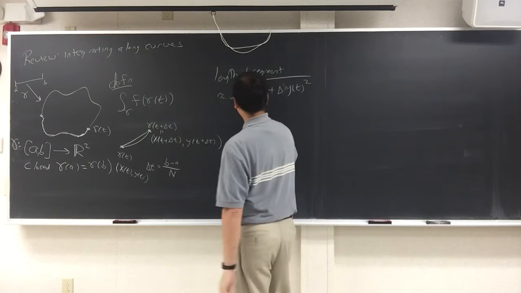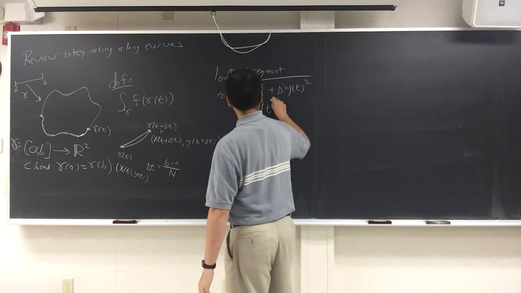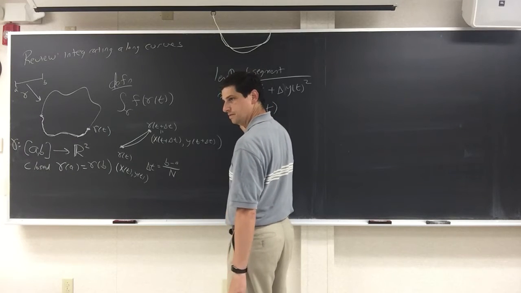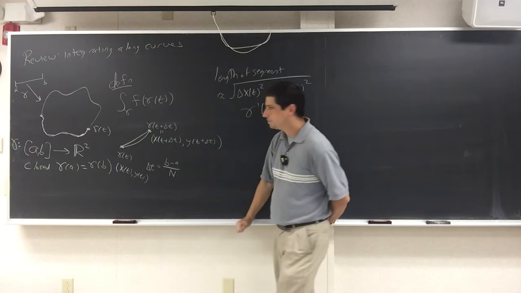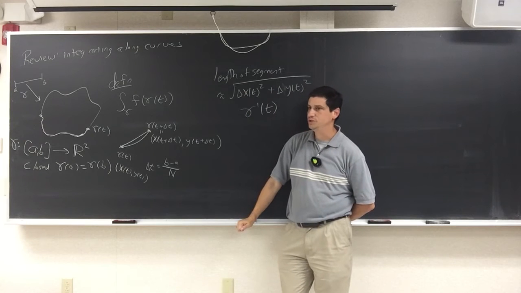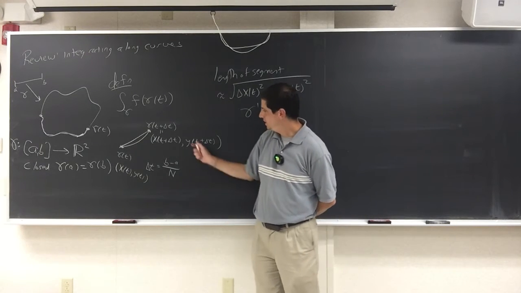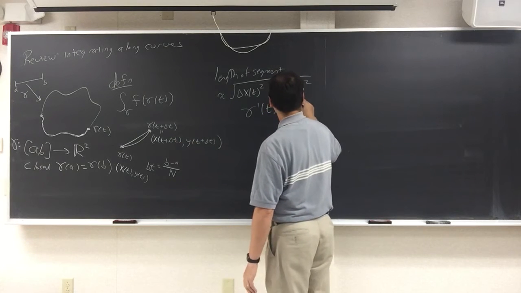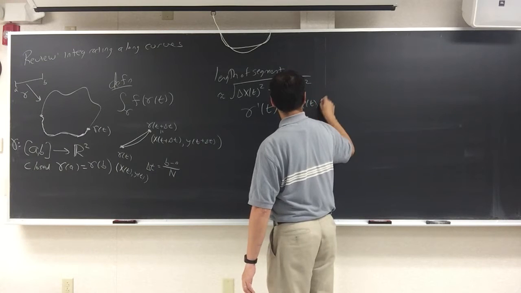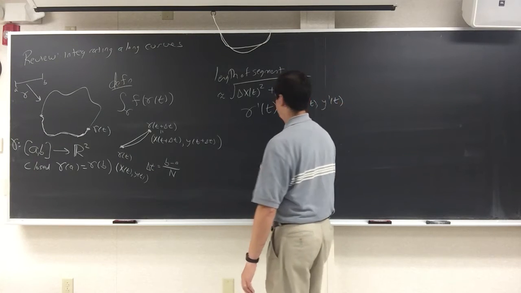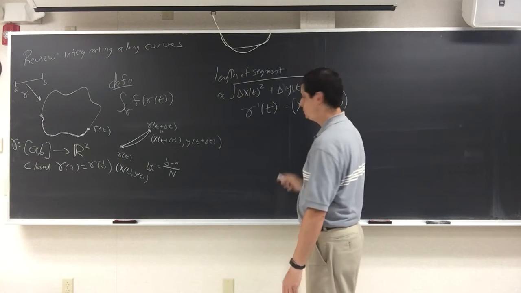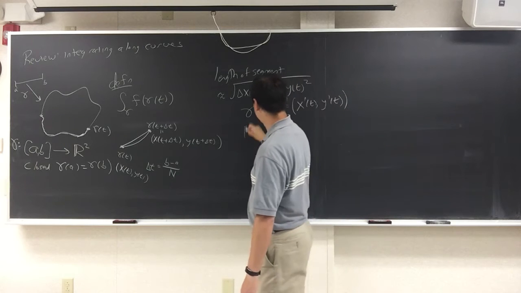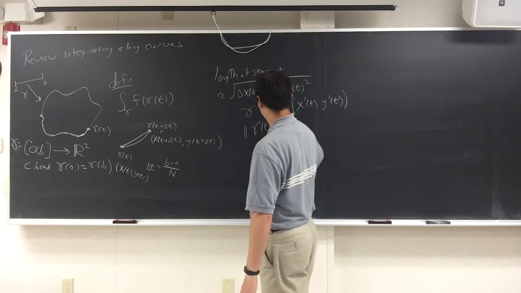And this is what we'll mean by gamma prime of t. Then we have to figure out what to do here. If we look at gamma prime of t, that would be x prime of t, y prime of t. So we take the length of gamma prime of t.